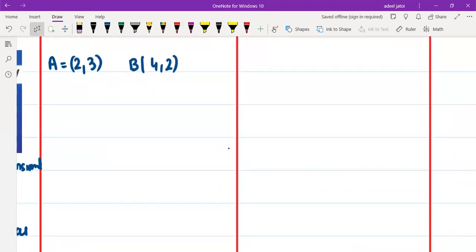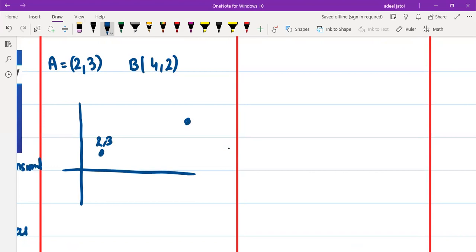Basically, if I say these coordinates, assuming that this is 2 and 3, and this would be 4, 8. So this will be known as 4, 8. Now, as I say, this is 2 and 3. This is 4 and 8.